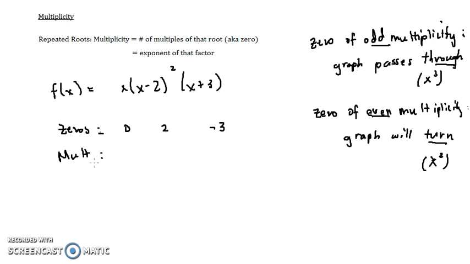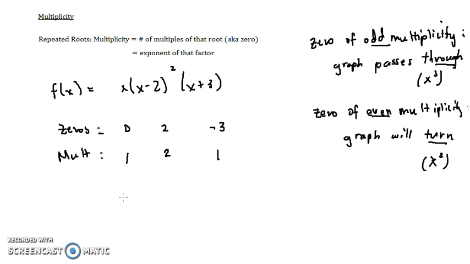Now, what is the multiplicity? Remember, we look at the exponents. So for 0, we've got an exponent of 1. At 2, we've got an exponent of 2. And at negative 3, we've got an exponent of 1 again. Okay, so what is going to happen with the graph?